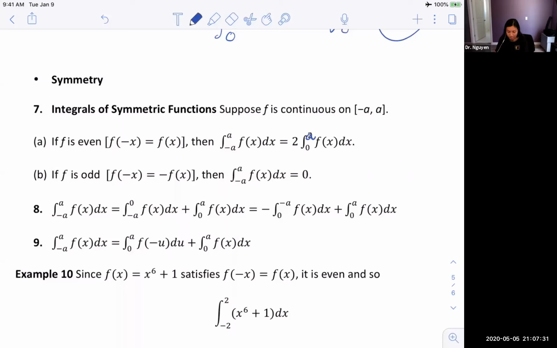For odd, they're going to cancel out. So -a to positive a is going to be 0. It's really nice. So for number a right here, you can see I break it down for you, and number 8 and 9, we just break it down based on the symmetry.